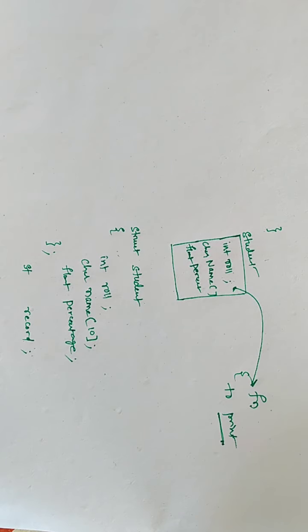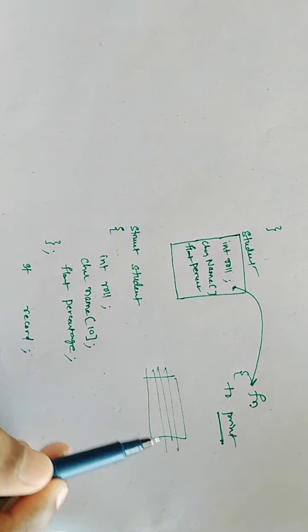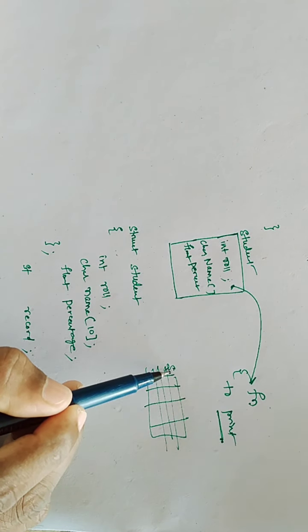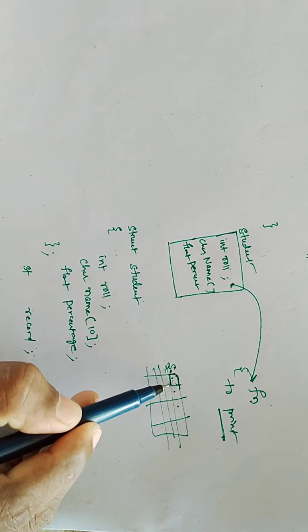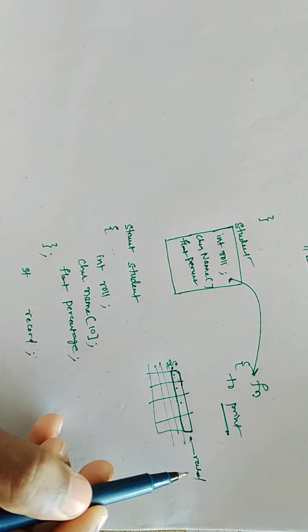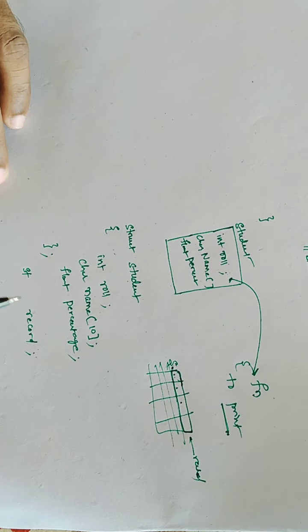Rows and columns are nothing but details. If you take a timetable, it contains rows and columns, right? In this, Monday, period 1, period 2, period 3, and so on. This entire row we call a record. This is not necessary, but for the sake of simplicity we are taking record. Record is of what type? Student type.